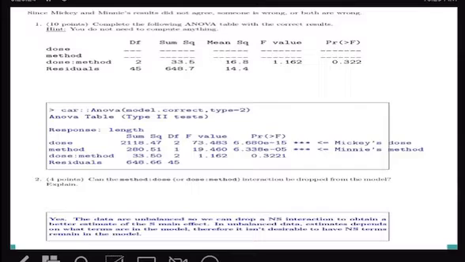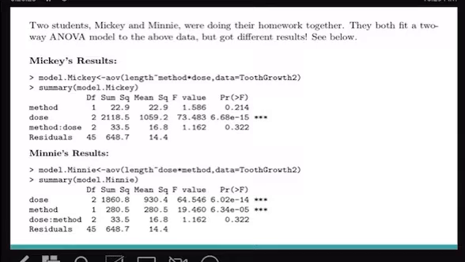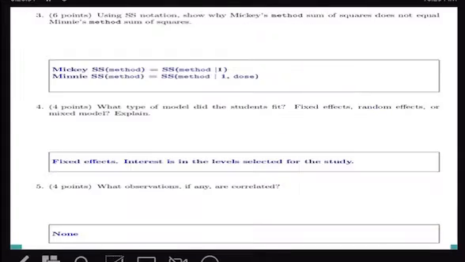The 280.5 for Minnie is because that is the sum of square for method after adjusting for the other factor, dose, which means Mickey did not adjust for any other factor.